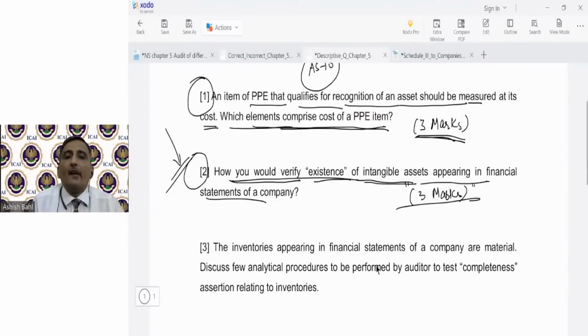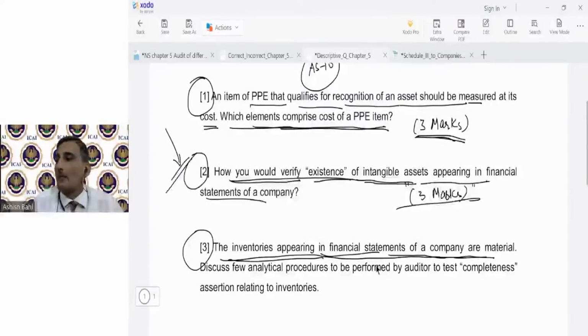Now, the inventories appearing in the financial statements of a company are material. Okay. Verifying that, yes, Rahul Sharma, are things getting clearer to you? It was your question. So we have already uploaded questions for your reference and understanding.